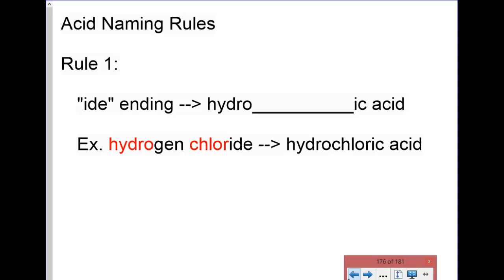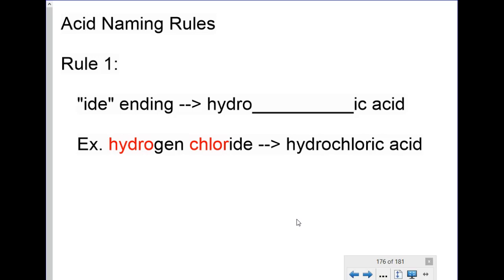Now, I'll give you a hint. This is one of the few IDEs that comes from the polyatomic ion table. The formula for hydrocyanic acid is HCN.